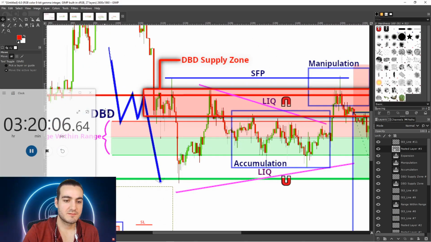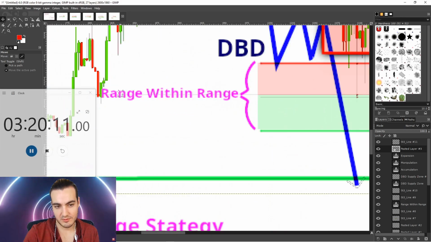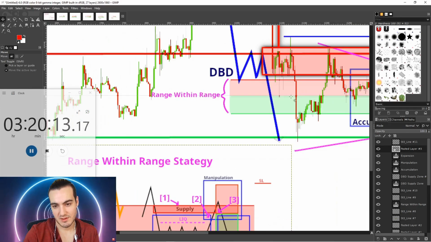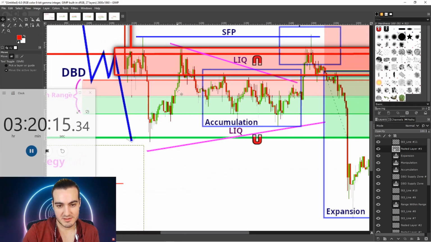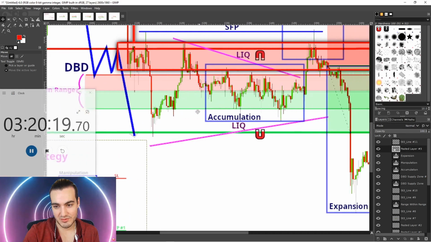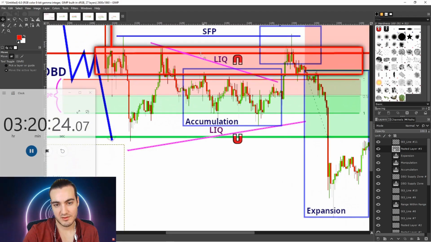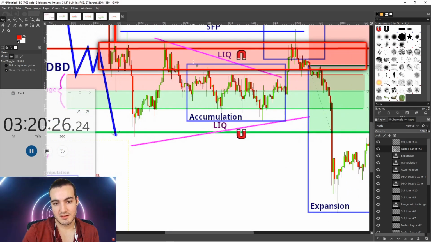So then, after the second drop, price begins to form what I call the range within a range. And this range lines up with the EQ line of the larger range, and we have liquidity forming on each side.